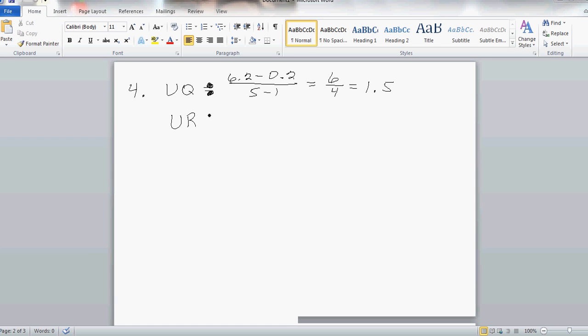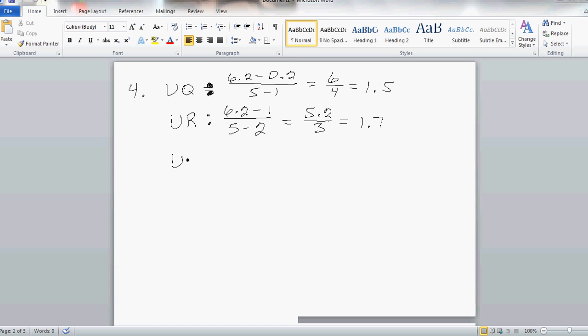So now let's look at UR. For UR, we still have the 6.2, but the new y value for R looks to be 1. And the old x value is still 5, but the new x value is 2. So we will get 5.2 divided by 3, and that equals approximately 1.7. Okay, so it appears to be getting just a little bit steeper, 1.5 compared to 1.7.